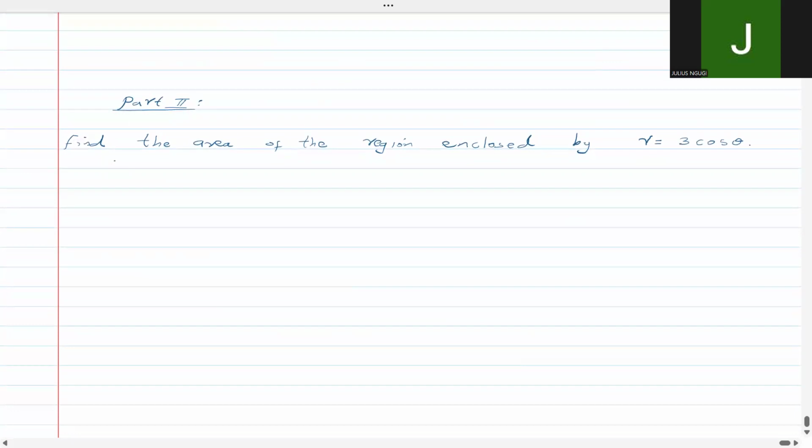Find the area of the region enclosed by r equals 3 cosine of theta.